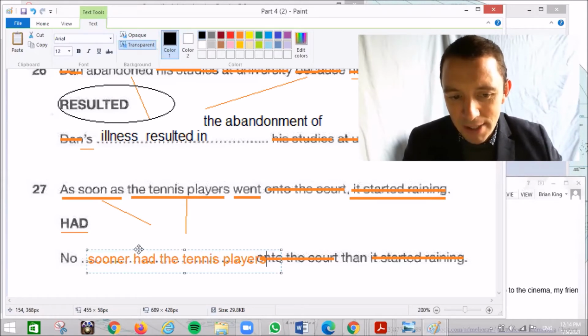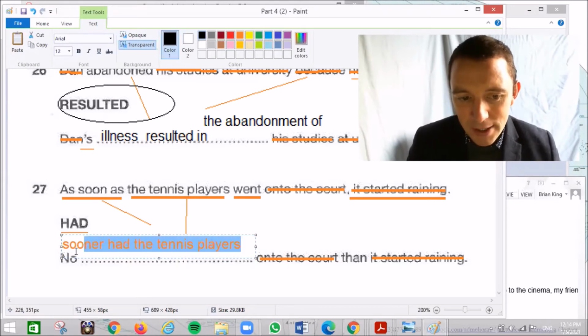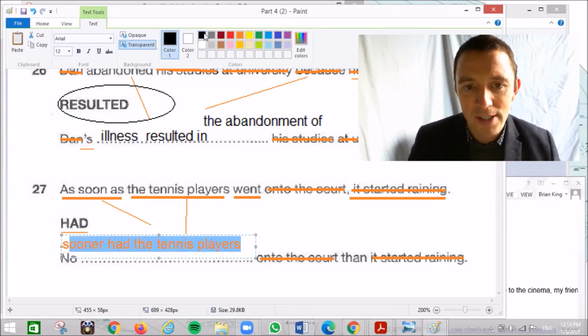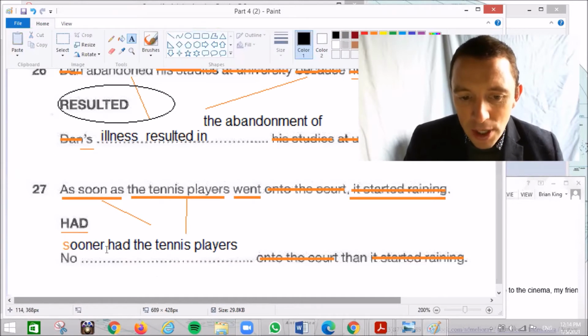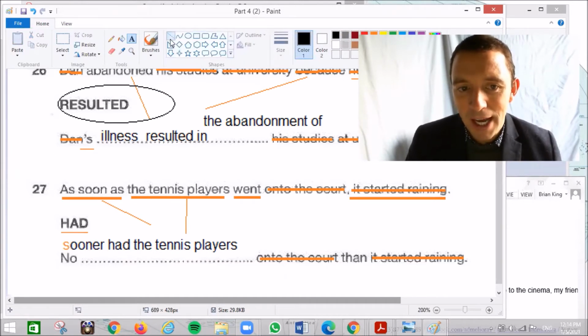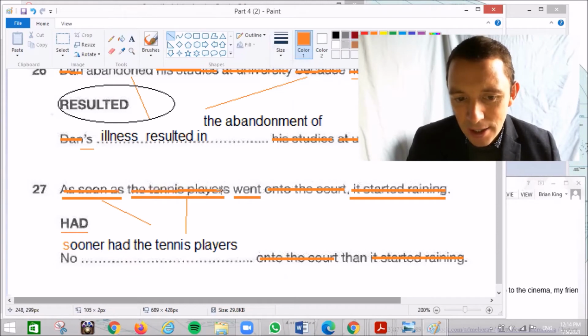That's the majority of the sentence. So no sooner had the tennis players. Let me see if I can change the color this time. Yeah, okay, perfect. No sooner had the tennis players. Now we can eliminate as soon as, because we have the structure of no sooner had. We can eliminate the tennis players because we have the tennis players in the second sentence.